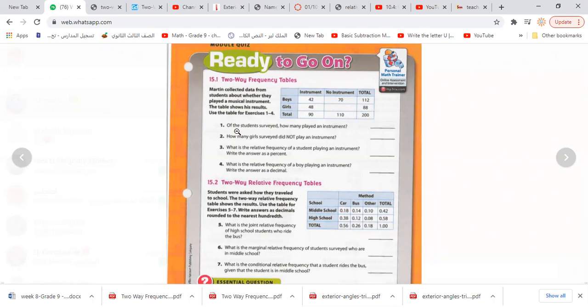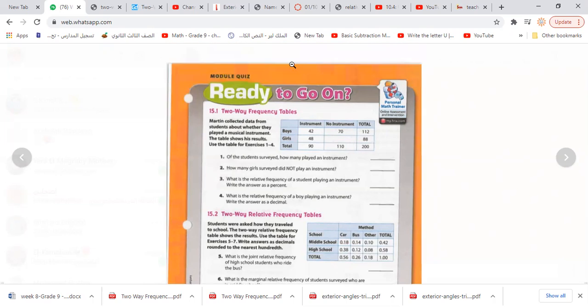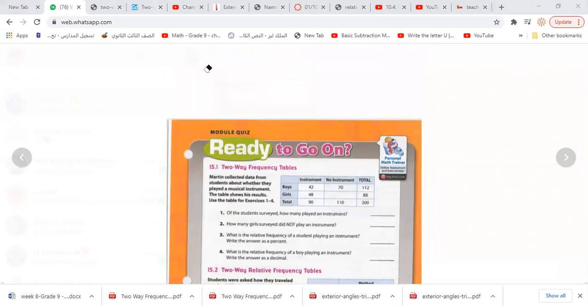Thank you so much. Do you agree with Luigi? Yes, because in this question, he is looking for the relative frequency of students playing an instrument. Could you please tell them the steps again, Luigi? First, we will make 90 over 200. Very good. Because he said students, right?